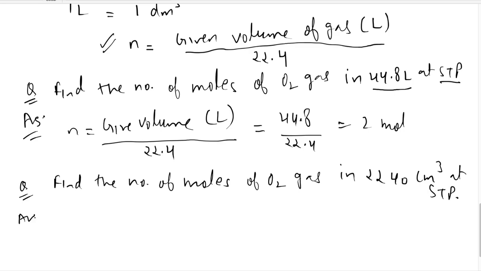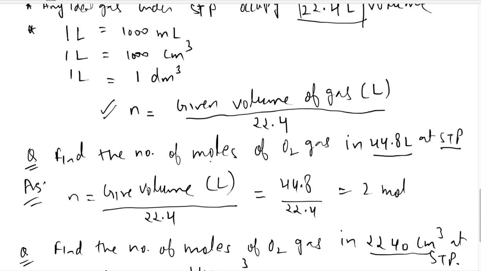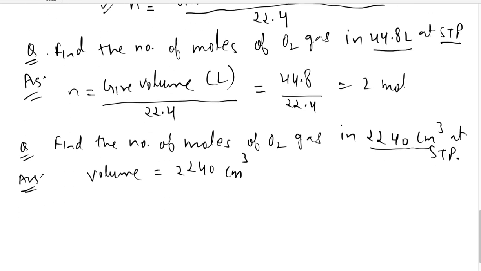Okay, so here we are provided with the volume in centimeter cube. So the volume is 2240 centimeter cube. And how can we convert centimeter cube into liter? We just have to divide by 1000.